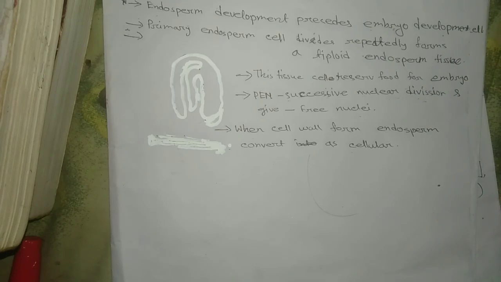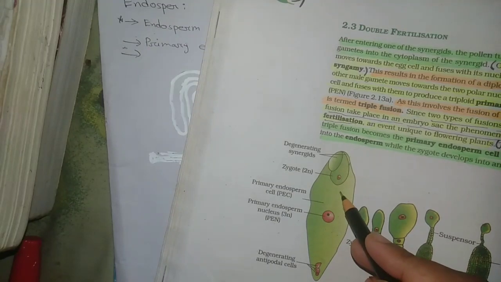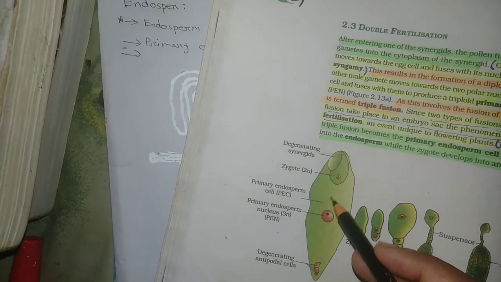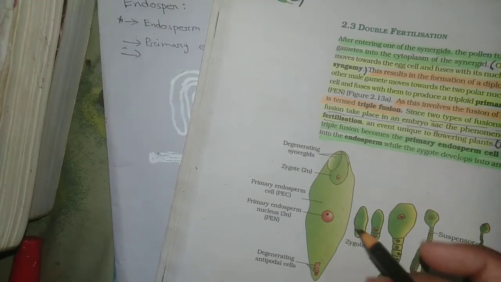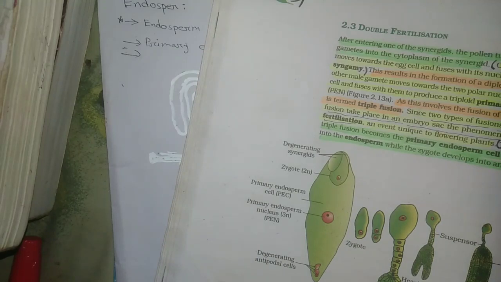It is very simple. This endosperm has no cell wall; when cell walls appear in this endosperm, it converts into the cellular type.